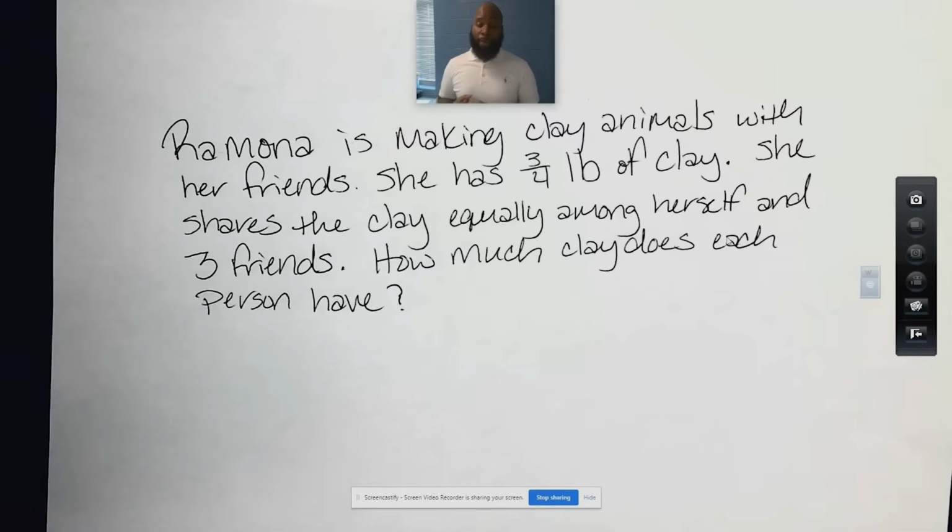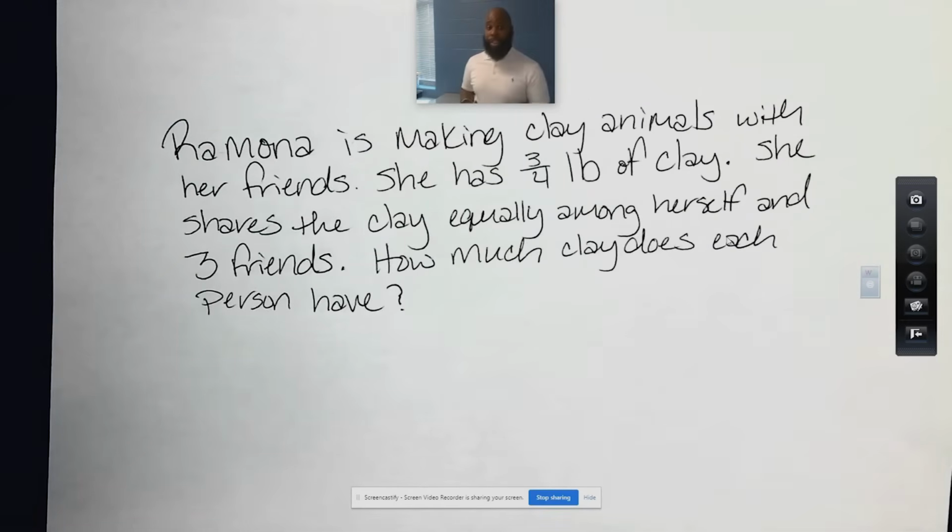She has 3/4 pound of clay. She shares the clay equally among herself and 3 friends. How much clay does each person have? Again, I'm gonna read that one more time. Ramona is making clay animals with her friends. She has 3/4 pounds of clay. She shares the clay equally among herself and 3 friends. How much clay does each person have?